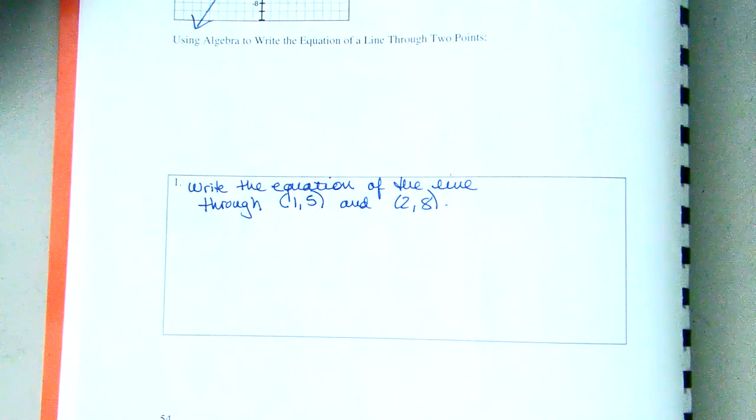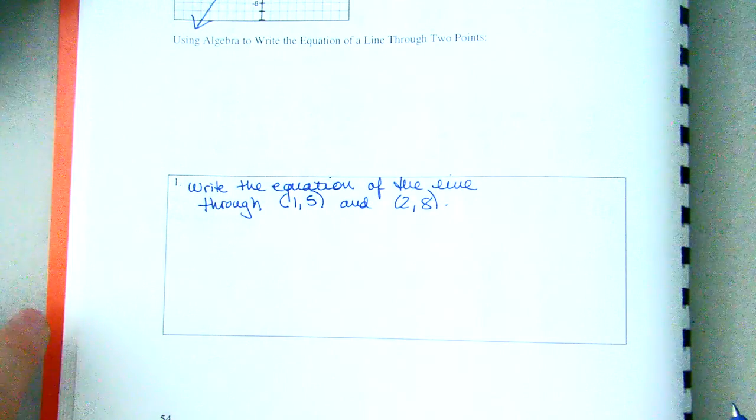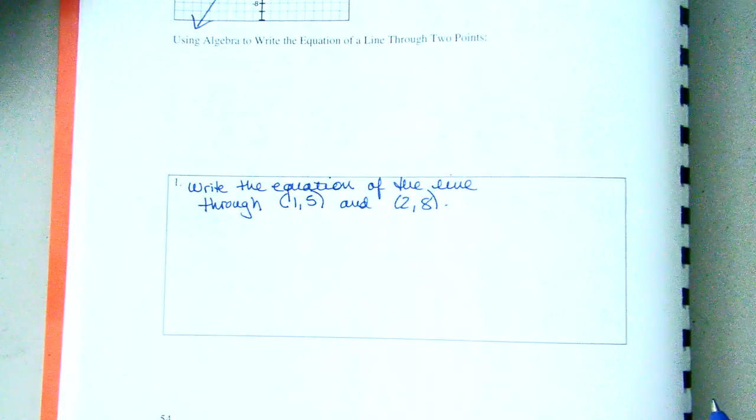I already know what this had better end up looking like. Doesn't it have to end up looking like y equals mx plus b? Isn't that how these always work? All slanted lines. Yes.